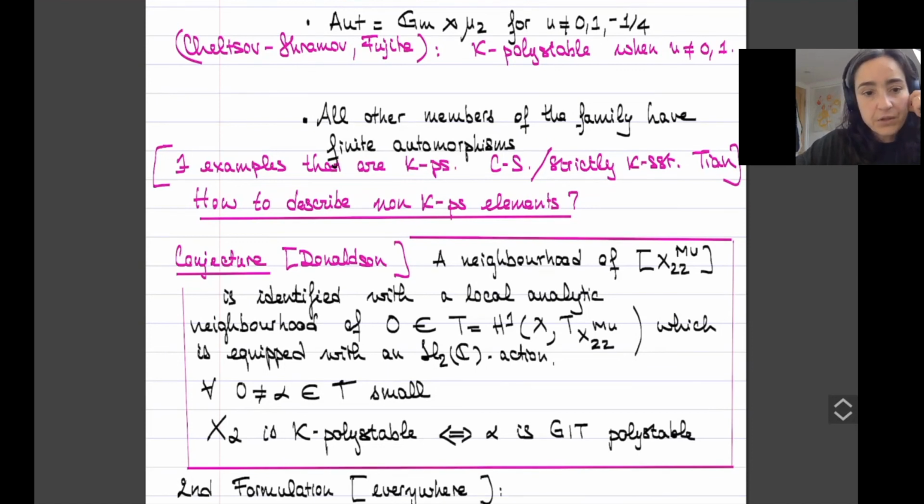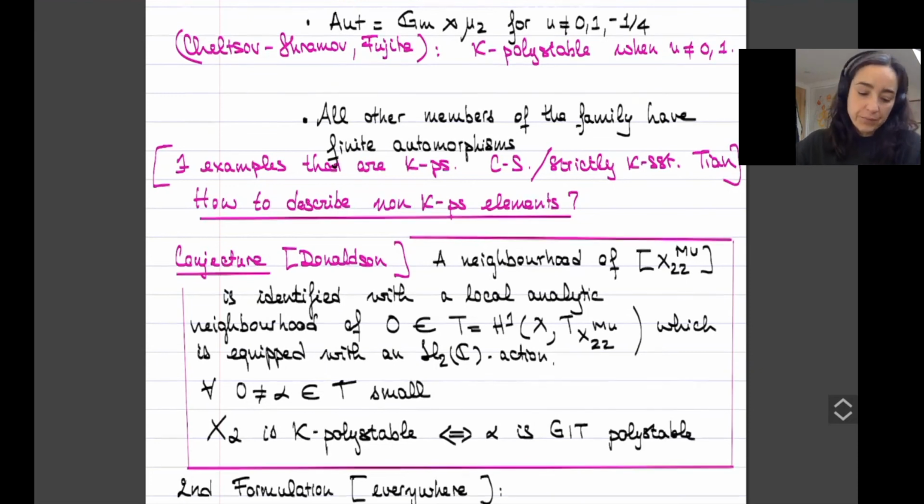And this, because the Mukai-Umemura threefold is equipped with an SL2C action, is also equipped with an SL2C action. And so Donaldson's conjecture is that for any small alpha in this local analytic neighborhood of 0, the corresponding element of the family X_alpha is K-polystable if and only if alpha is GIT polystable with respect to the SL2C action.